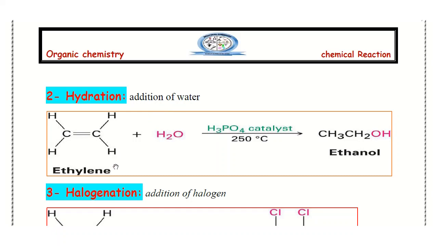The second type of addition reaction is the hydration reaction, that is the addition of a water molecule. A hydration reaction example is the reaction of ethene, which can also be named ethylene, where two carbons are bonded together by a double bond. When it reacts with a water molecule in the presence of H3PO4 as a catalyst at 250 degrees centigrade, it is converted into the ethanol molecule.